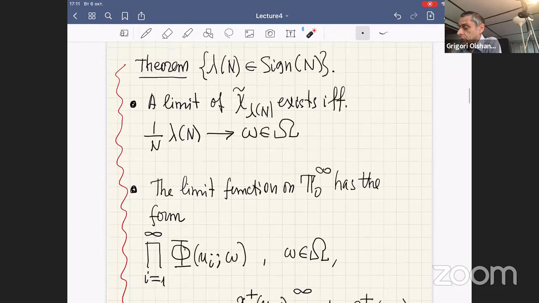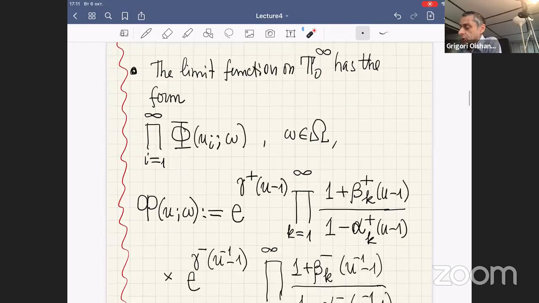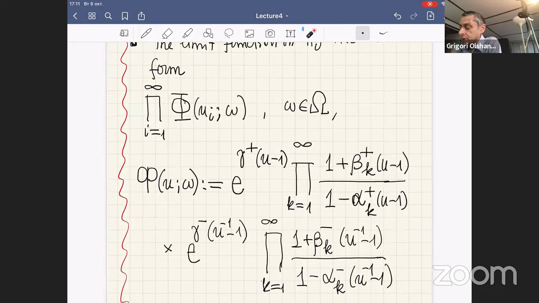And next, the limit function on this finite torus has a surprisingly simple, elementary form. First of all, it is a product. It factorizes with respect to the coordinates.